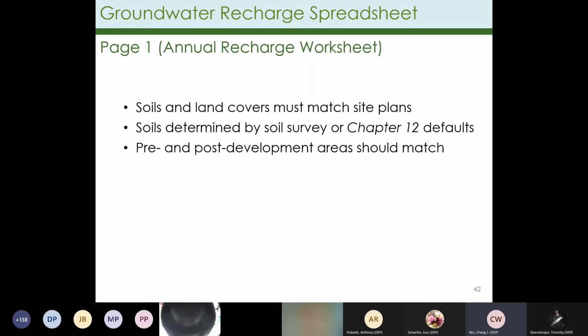Also sometimes the soil series do not match the soil survey report, so you have to check that. And sometimes the total acreage for the pre and the post doesn't balance, or doesn't match the site plan or the acreage used in the water quality and quantity design. So you just have to check those numbers.